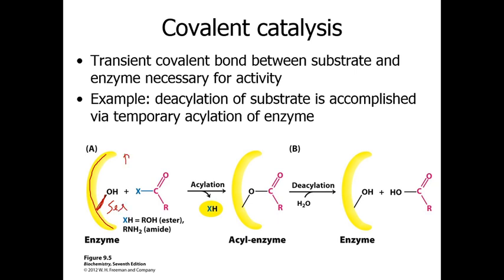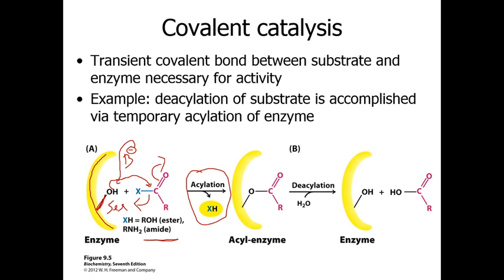What happens is a base, as shown in the previous slide, abstracts a proton from this hydroxy, and oxygen can then attack an amide or an ester. What happens is it pushes the arrow there, and it pushes out the leaving group. This is called an acylation reaction.